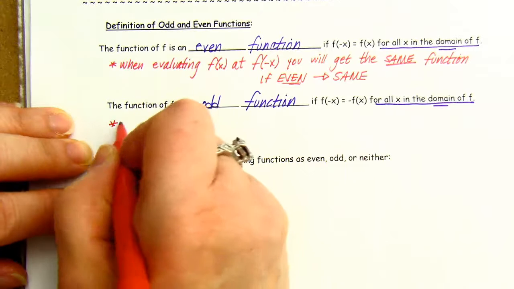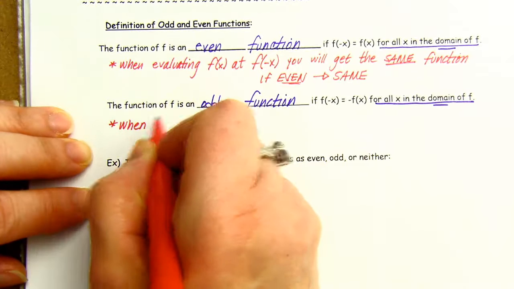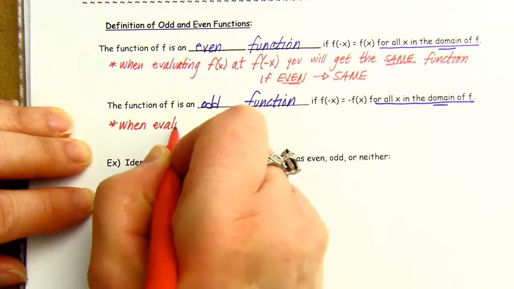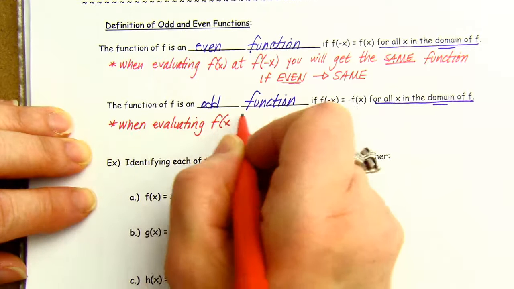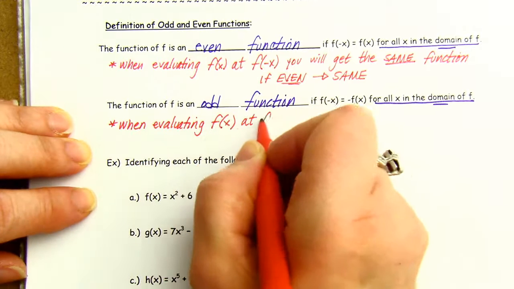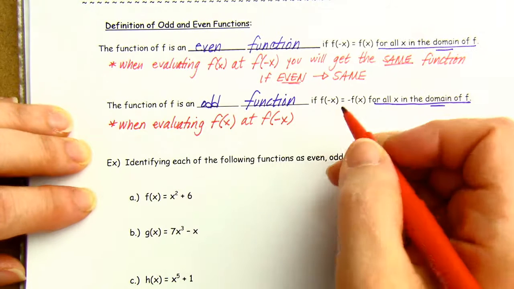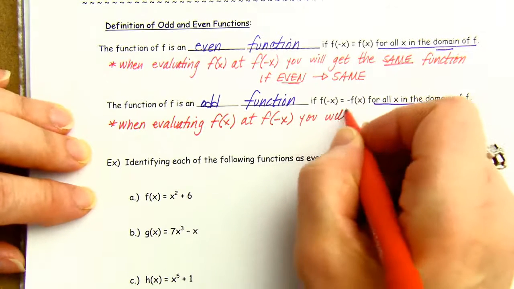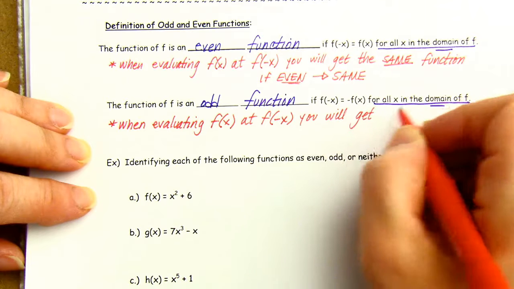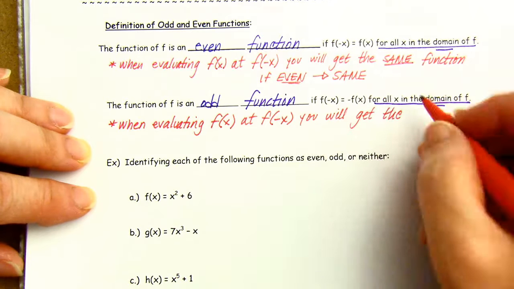So when evaluating f of x at f of the opposite of x, you will get the opposite function.